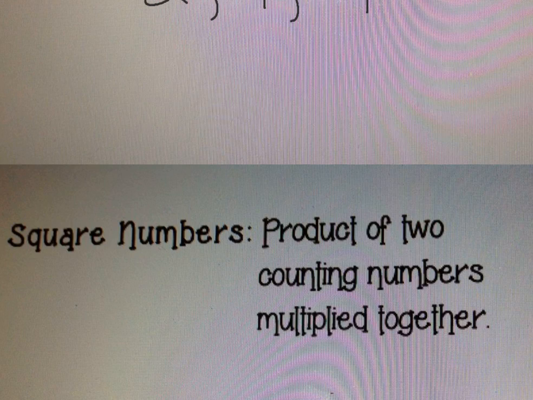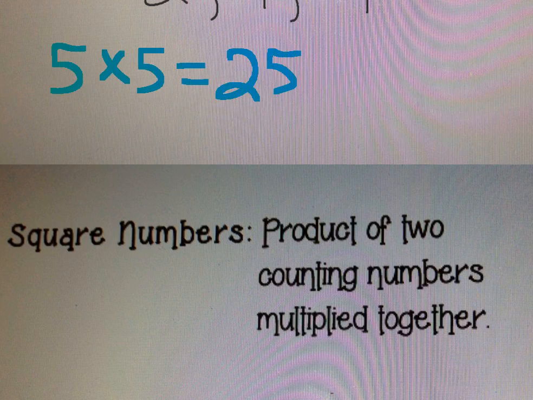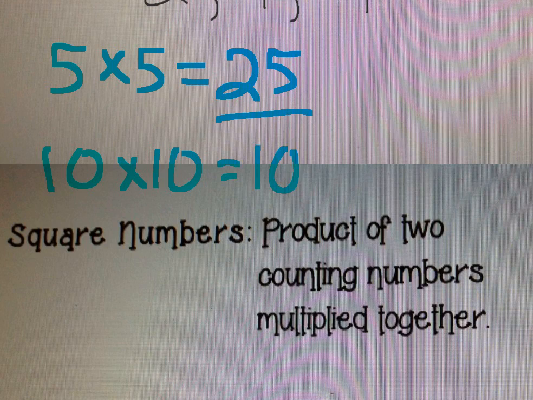So for example, a very common square number is 25, which is 5 times 5. Another popular one is 100, which is 10 times 10. So pretty easy, just basically whatever number is the product of two of the same number.